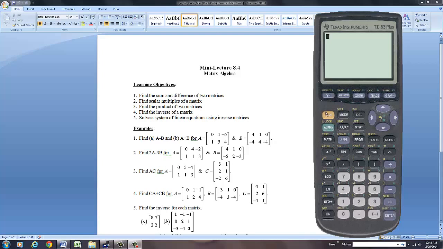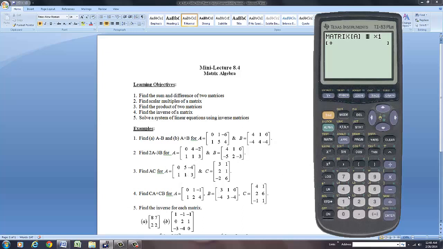Just like in the previous video, I'll be using the matrix menu. So I'm going to press second, matrix, and I'm going to use matrix A. Since the matrices are A and C, I'm going to stick with A and C. So I'll go to edit, hit enter. Matrix A is dimension 2 rows, 3 columns, so 2 by 3.